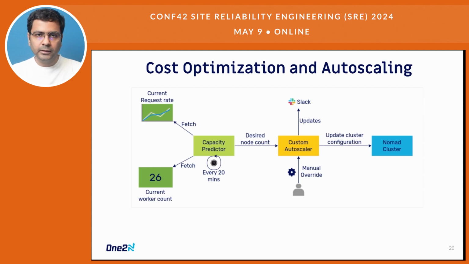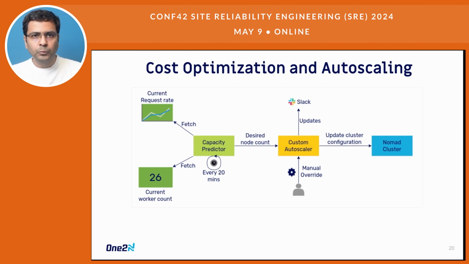So you would get the current workload and the current request count, and based on the number of requests and the growth rate of that, the capacity predictor would predict the desired node count using simple linear regression. For example, if we open the stores at 9 a.m. and we know that we need at least 50 machines at that point, we would have time-based autoscaling, which would just spin up 50 machines, ready about 10 minutes before the stores open.